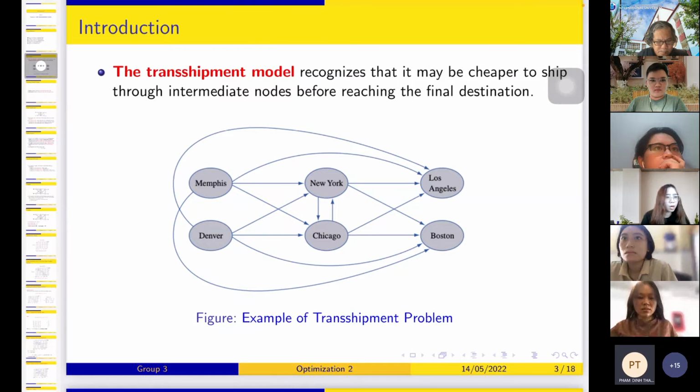And it may be cheaper if we ship from Memphis to New York or Chicago, and from New York or Chicago to Los Angeles or Boston, than directly from Memphis to Los Angeles or Boston. No, say it again.